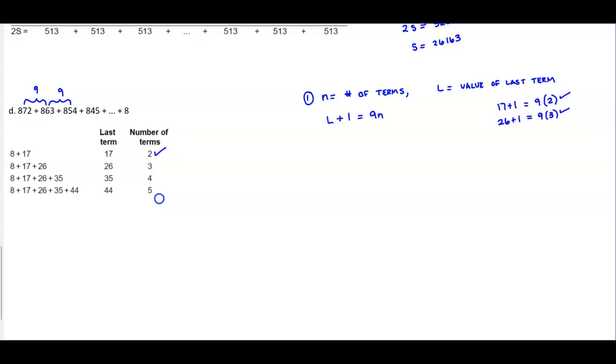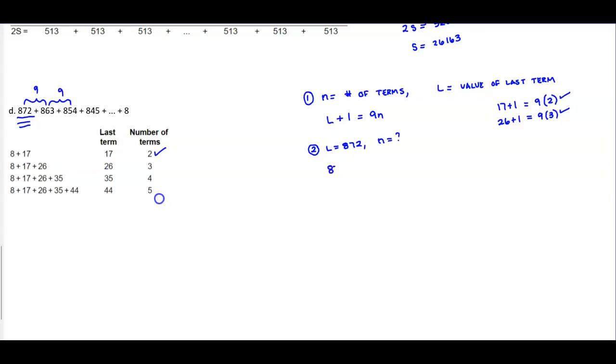Okay? So now what we want to do is, since the last term of the given sum, written in ascending order, is 872, we know that L is equal to 872, and then we want to find n, which is the number of terms.